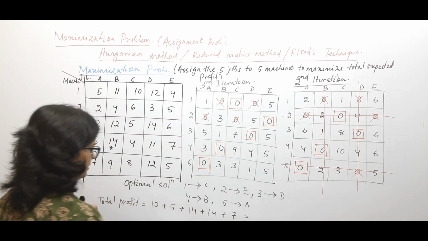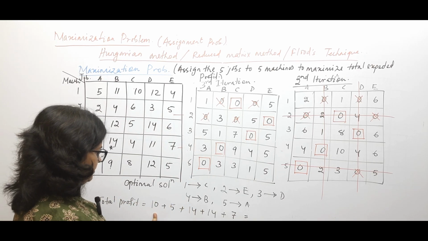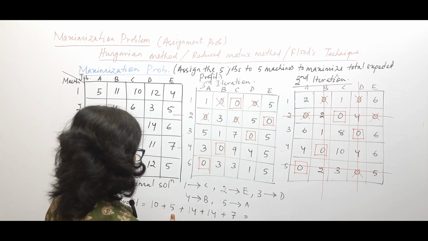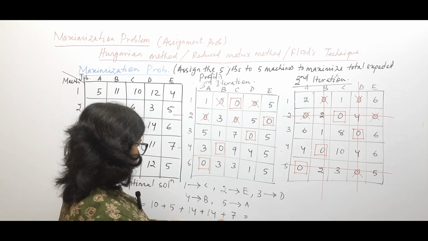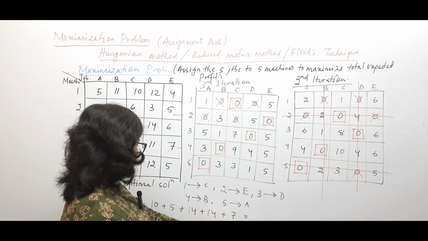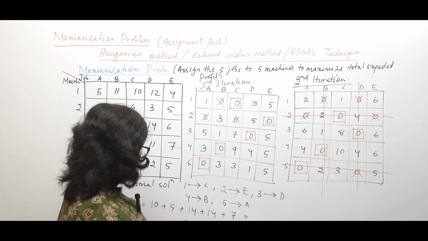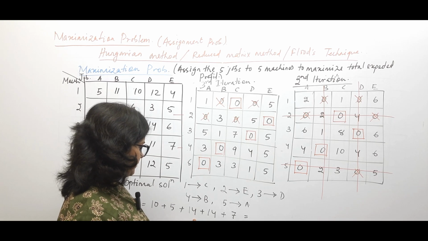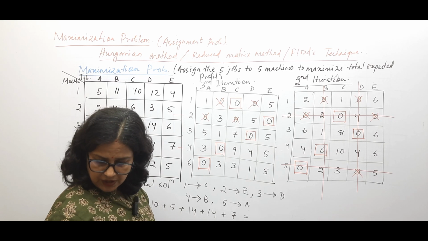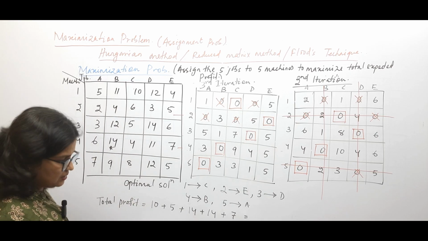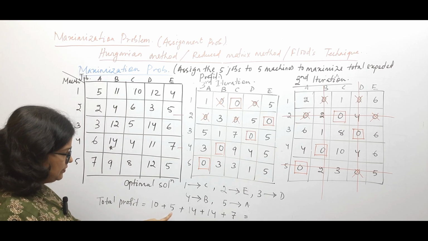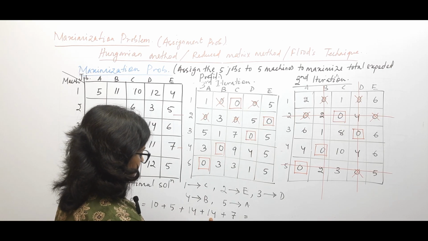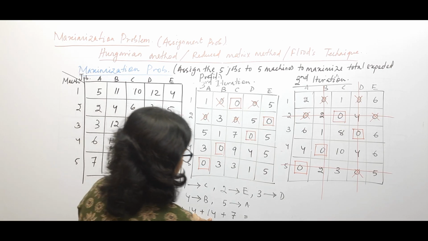Let us calculate it. So it is 10 plus 5, 15. 15 plus 7 is 22. 22 plus 14 is 36. 36 plus 14, it is 50.